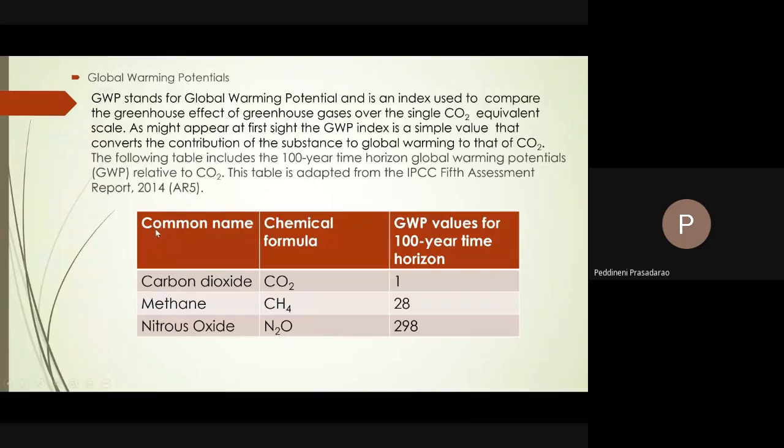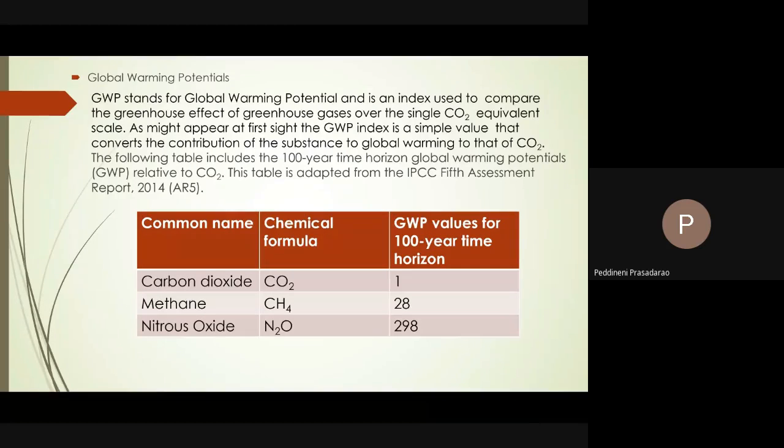This is given by the IPCC 5th Assessment Report. Carbon dioxide has 1, and with reference to this we measure the global warming potentials of any other molecule. Methane is 28, nitrous oxide is 298, and SF6 runs in thousands.